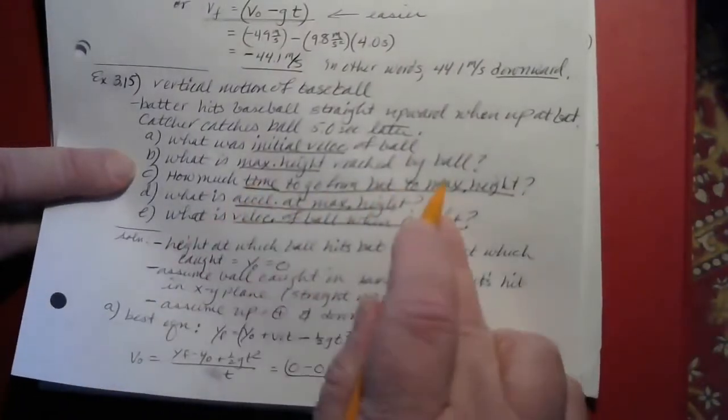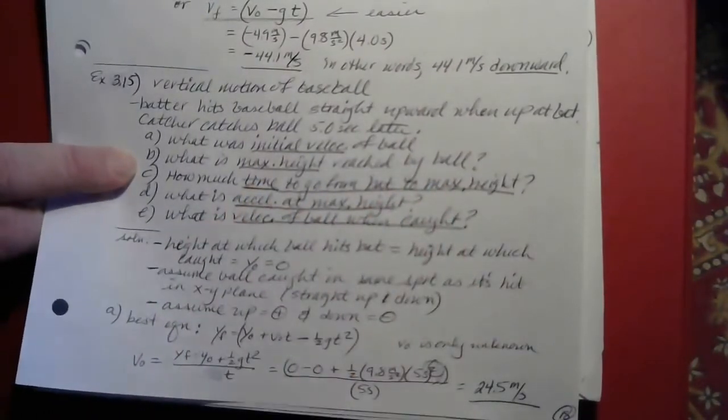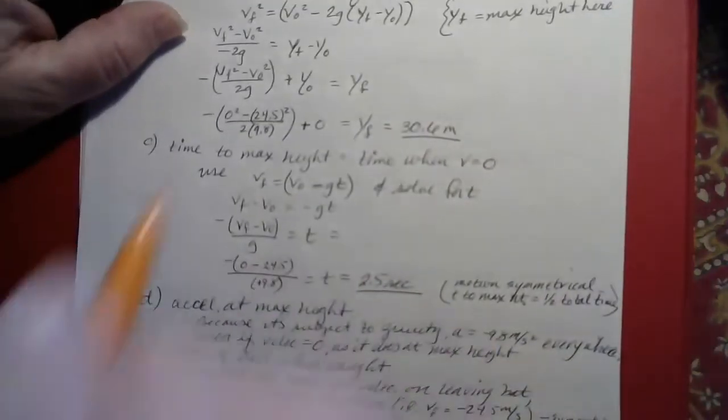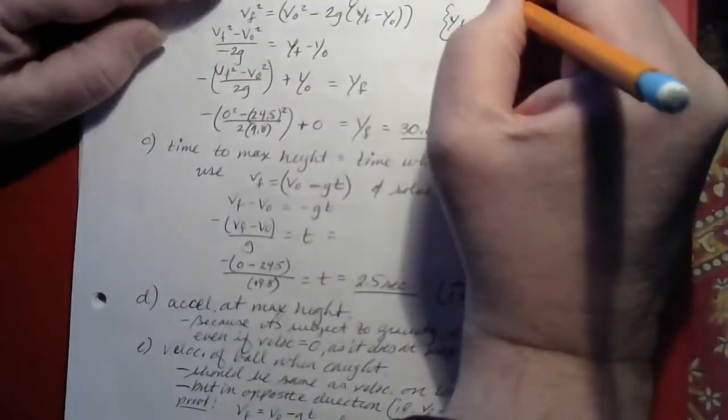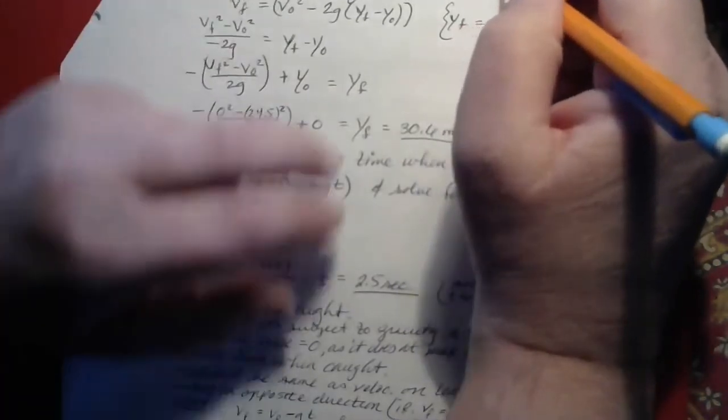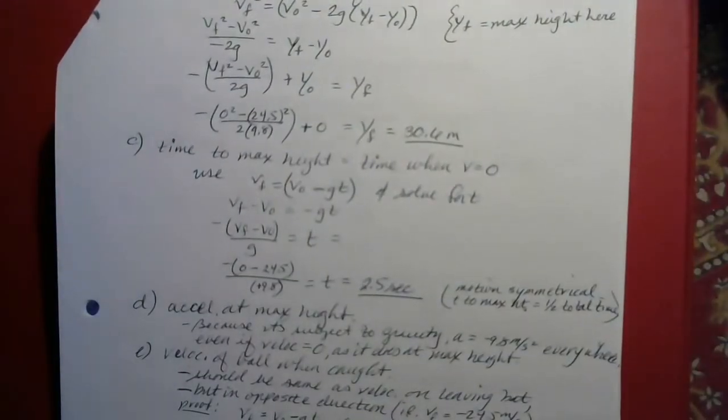Okay, so what was the B? B, what is the maximum height reached by the ball? In this kind of motion, remember, the ball is going straight upward, and as it goes upward, it's going slower and slower and slower, and eventually it stops and turns around and falls back to Earth. That means at the maximum height, the velocity is 0.